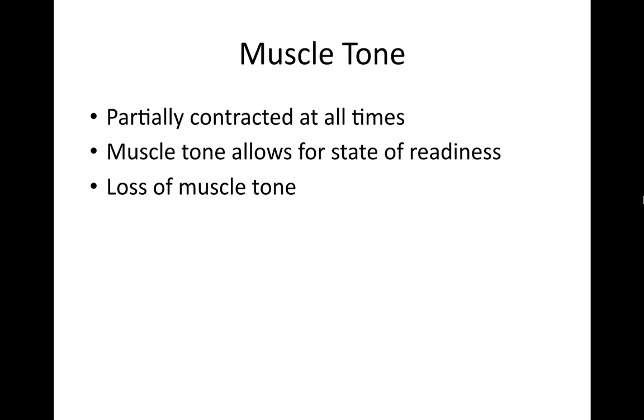All right. And then it allows your muscles to be ready to contract again and flex or extend. Okay. When you have a loss of muscle tone, this is where your muscles kind of weaken or break down. And if it's abnormal, it's a disease process. But when we don't exercise, our muscle tone actually goes down. All right.